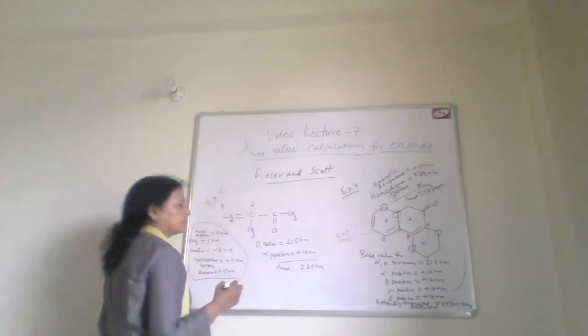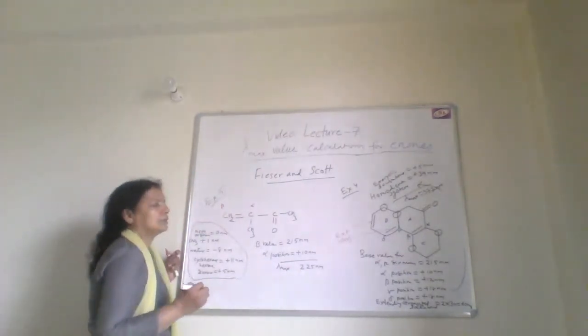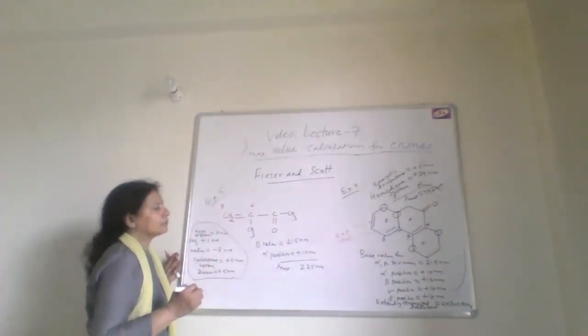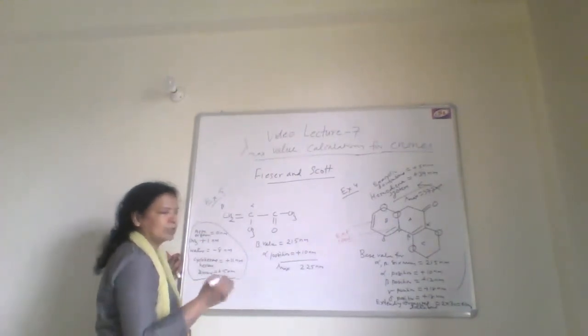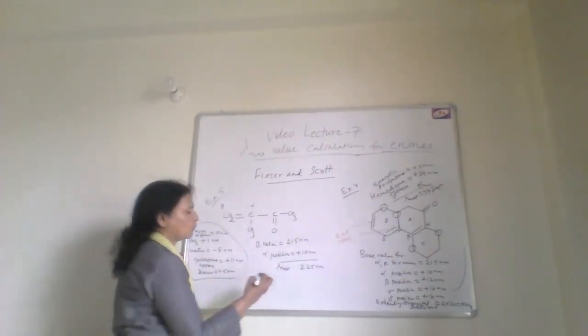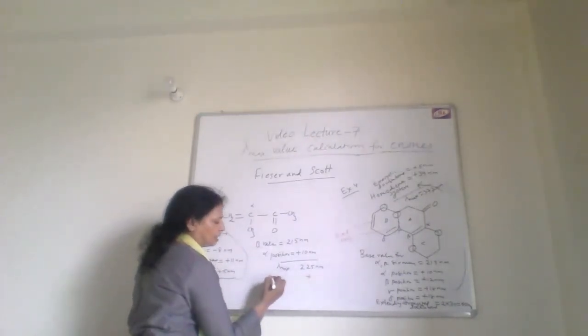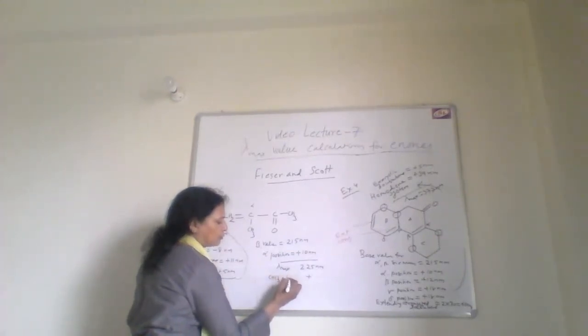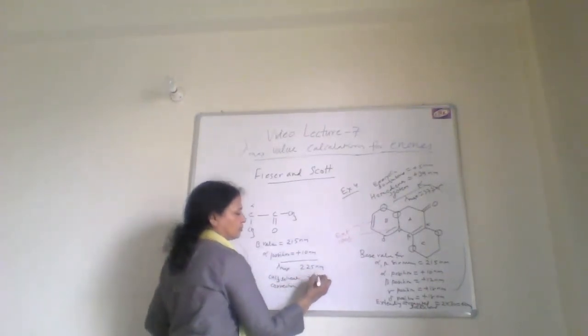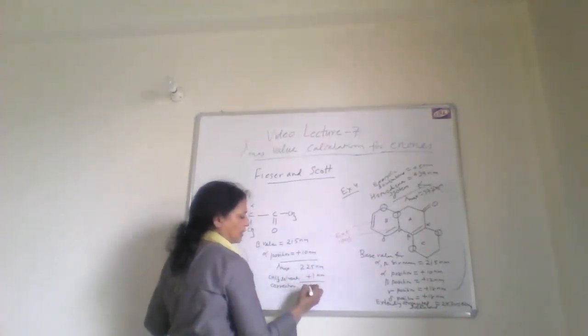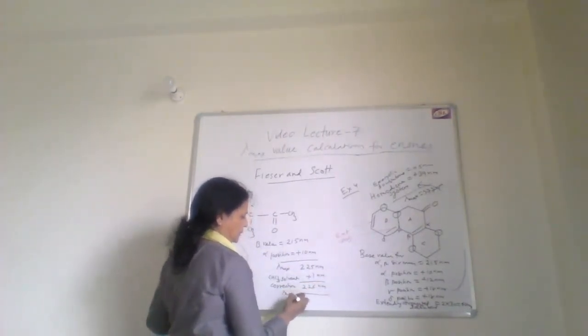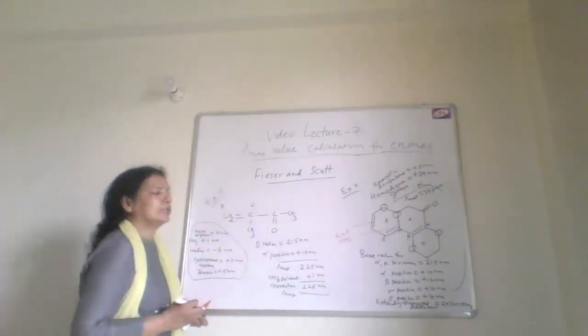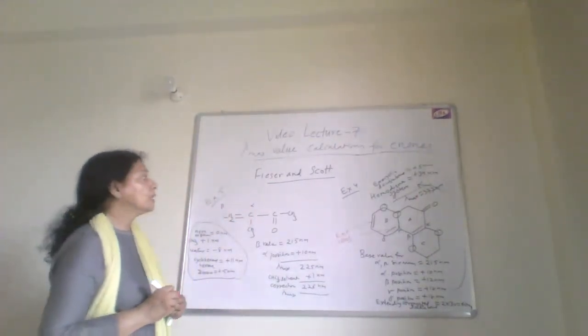But this molecule's lambda max is calculated in chloroform solvent, so we have to give the solvent correction: plus 1 nanometer. So the total lambda max value is 226 nanometers. So this is the way to calculate the lambda max value.